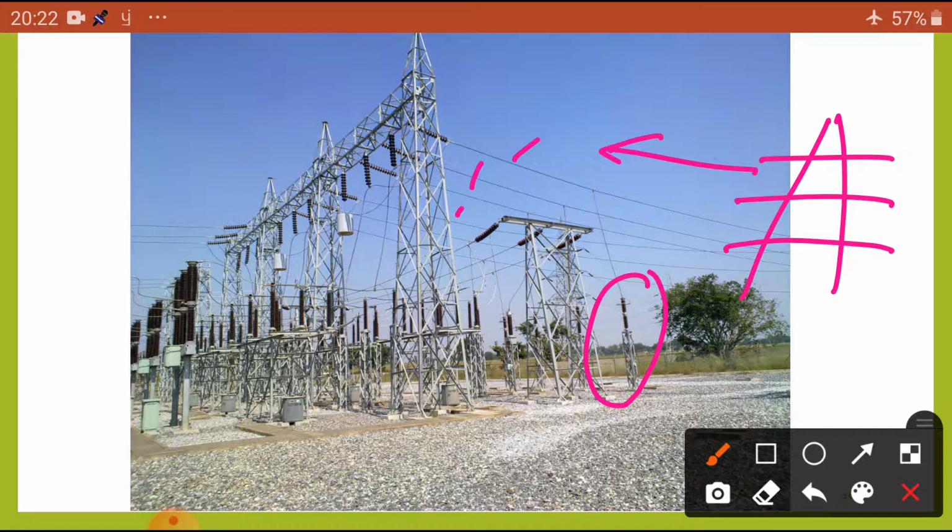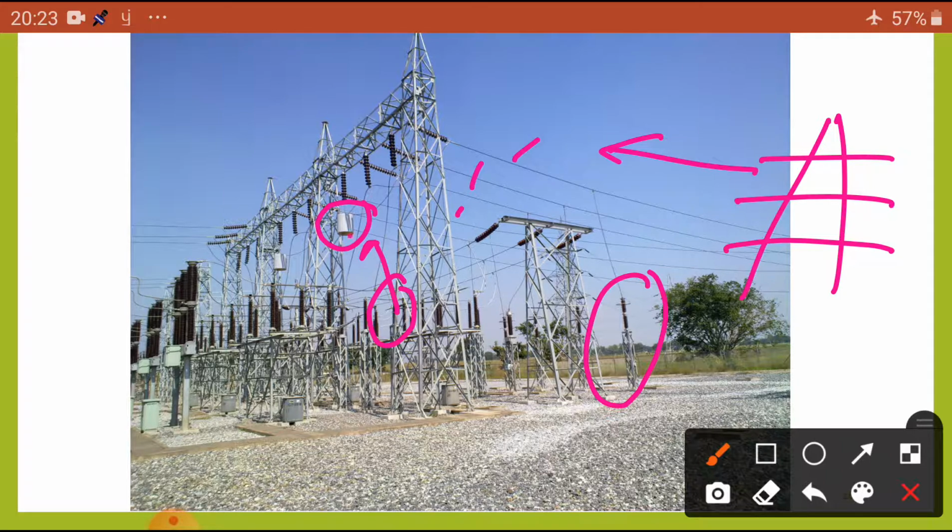And you can see the wave trap placed here, one phase wave trap for the communication purpose, PLCC, power line carrier communication. And you can see the CVTs also provided here. The CVT and the wave traps are generally used for the PLCC purpose, and the CVT also acts as a PT for voltage.